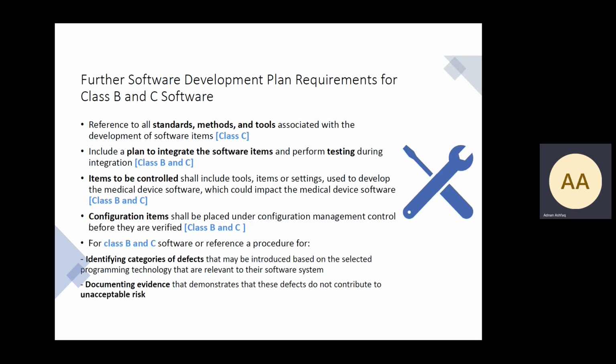But generally, for B and C there are a lot more activities that need to be covered. This means that if a device has been identified as Class A, some of these other activities don't need to be done, and it can become more of an individual choice rather than a specific requirement.